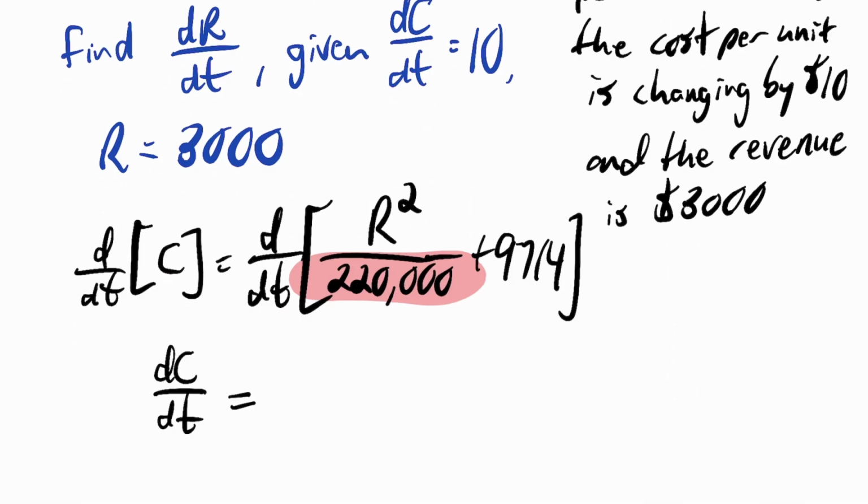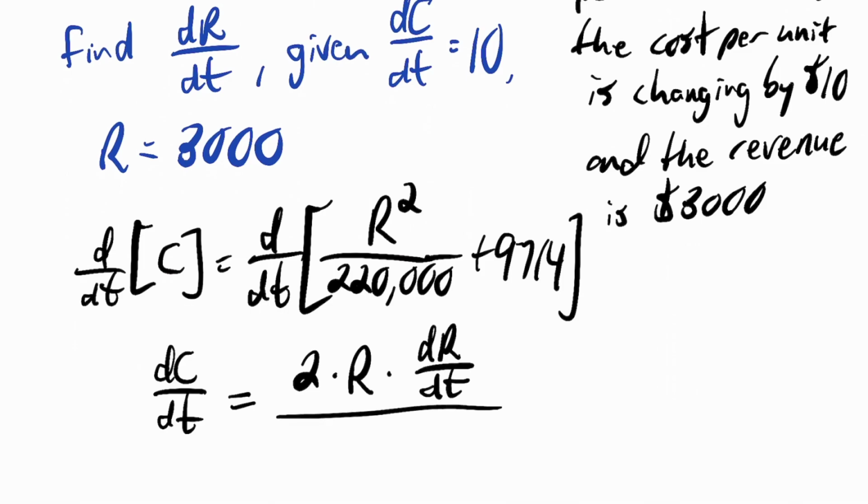Nothing's really called that, but I'm really applying a variation on the constant multiple rule. So this is going to be 2 times R, that's the power rule, times, because of the chain rule, dr/dt, over 220,000, plus 0 because the derivative of a number is 0.